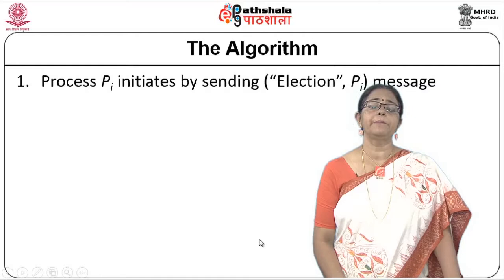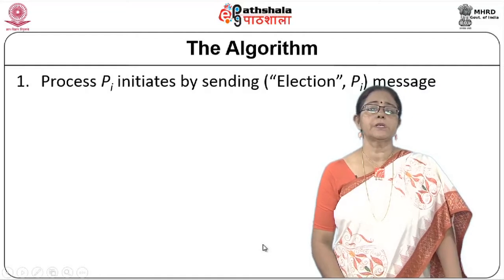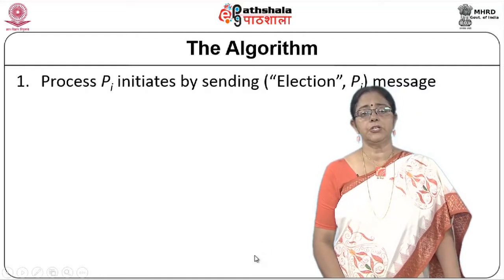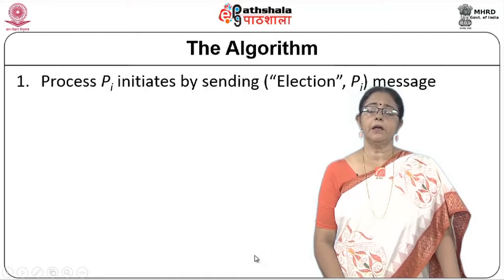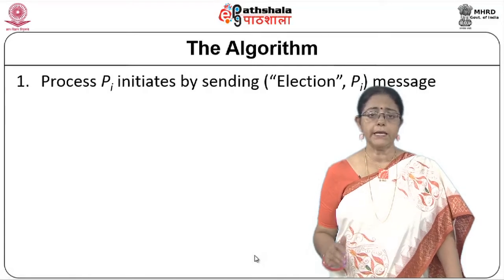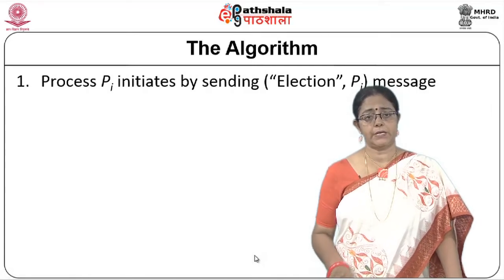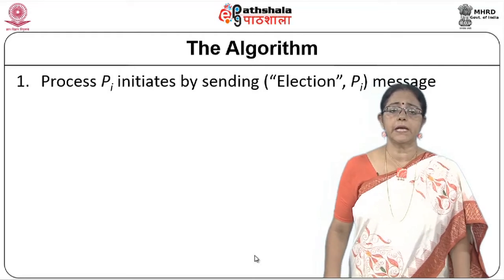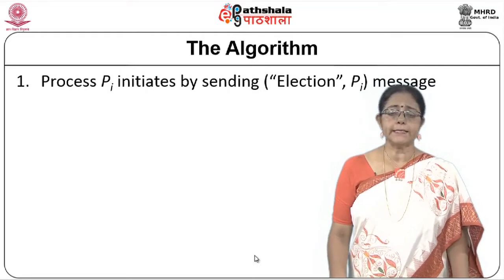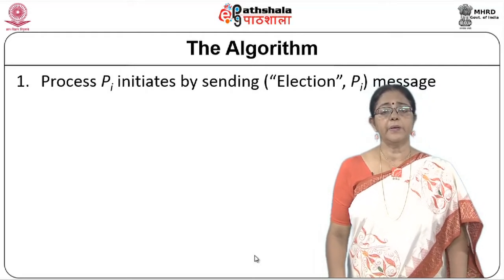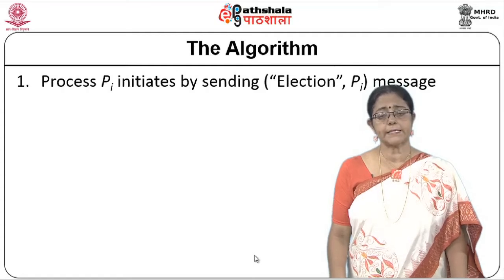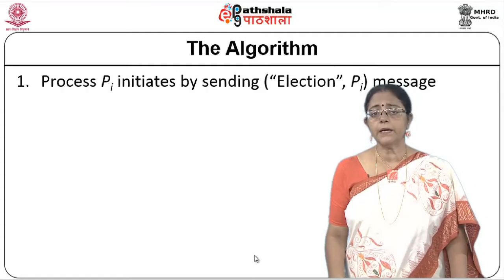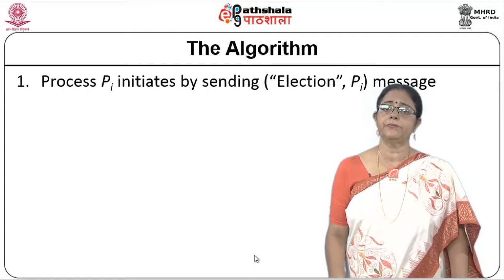The first step says that any process Pi will initiate an election. How will it initiate an election and why will it initiate an election? These are the two questions that we have to answer at this point in time. It will initiate an election either because the system requires a leader and a leader was not elected before.